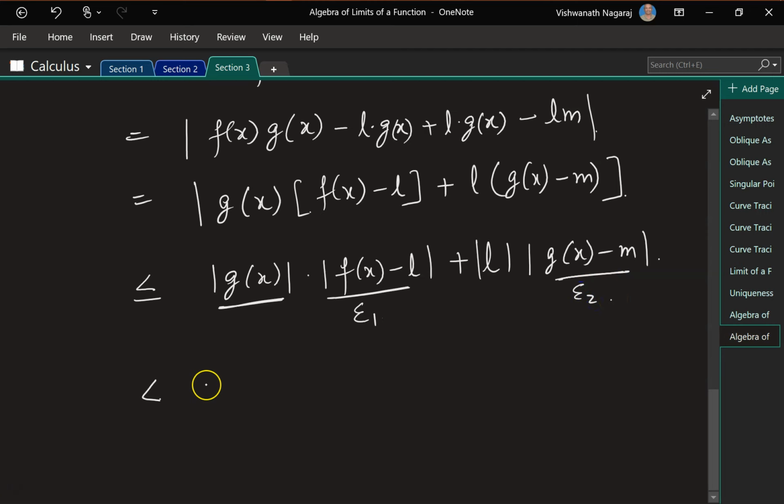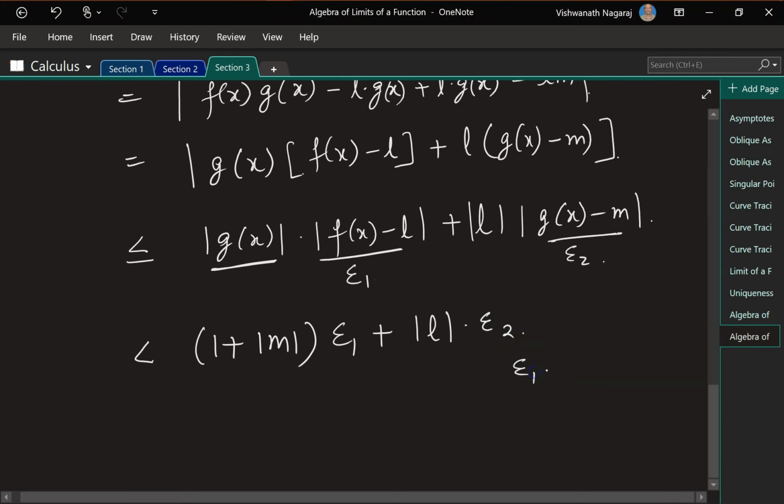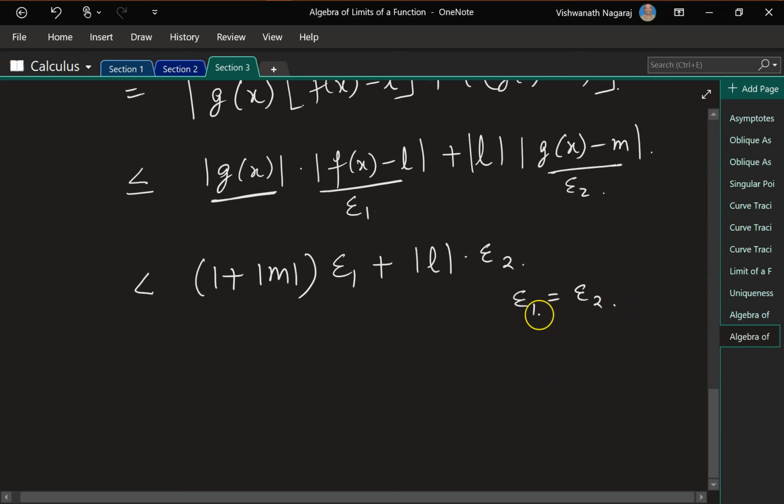So that means the whole thing would be less than 1 plus magnitude of m times epsilon 1 plus magnitude of L times epsilon 2. Now let's say we have kept epsilon 1 equal to epsilon 2, that means we are taking the same value of epsilon in both the cases, that is of f of x and g of x.